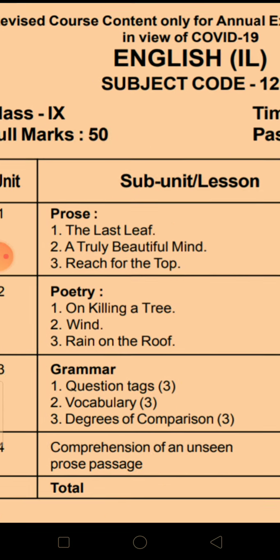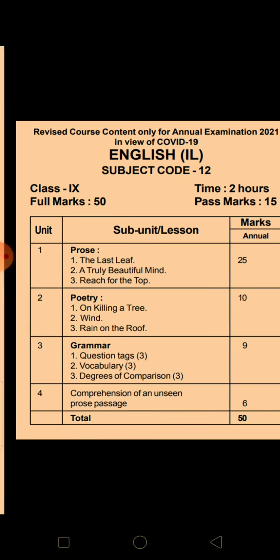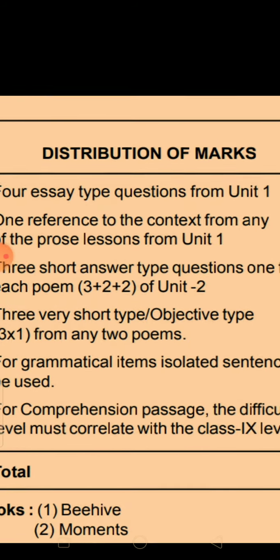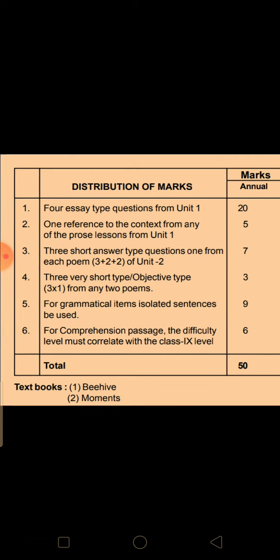All right, there are 3 poems there, and you would need to write 3 short answer type questions, 1 from each poem, which would carry a mark weightage of 3 plus 2 plus 2 of Unit 2. All right, and 3 very short objective type questions from any 2 poems, which will carry 3 marks.